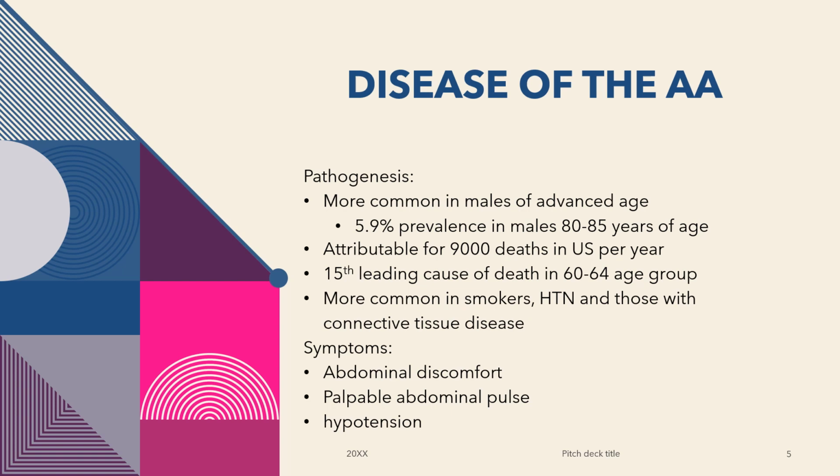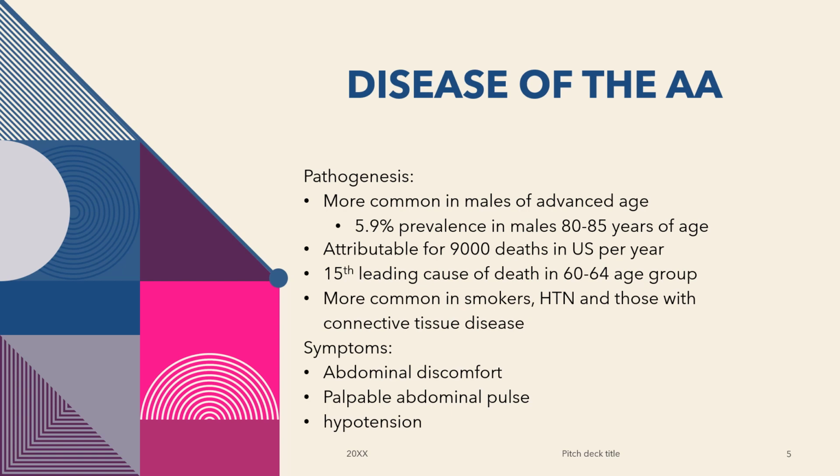And oftentimes in the younger population, that is just simply due to the patient's small habitus and the superficial location of the aorta. But certainly if you're finding this in a more advanced age patient or somebody that has a much larger girth, then that would be of significant concern.